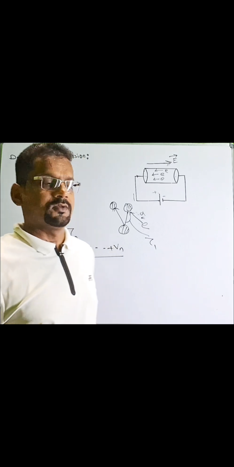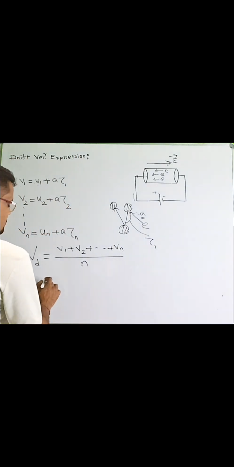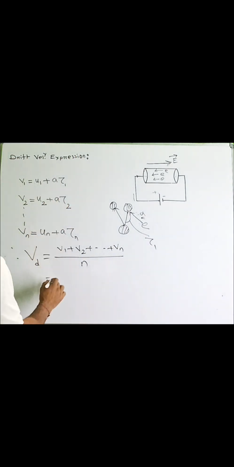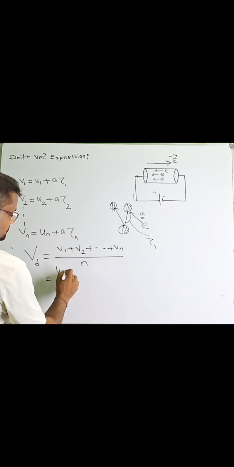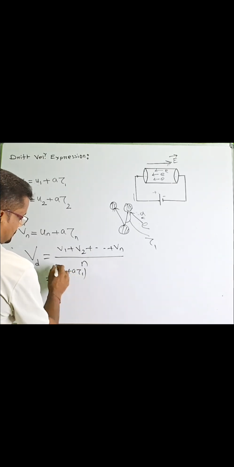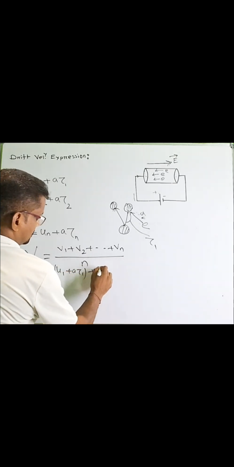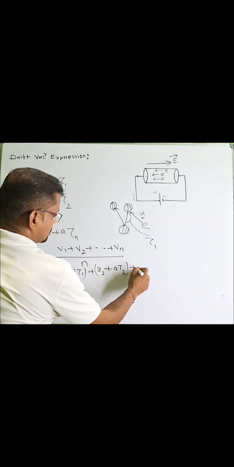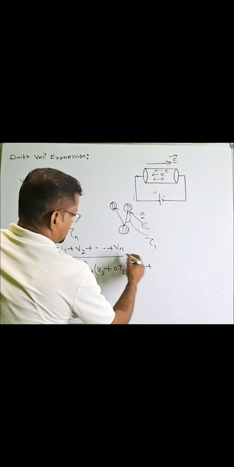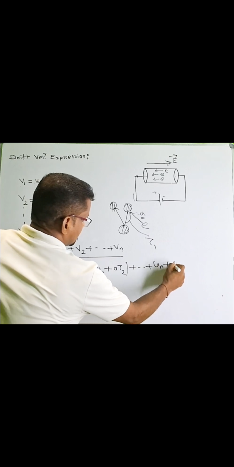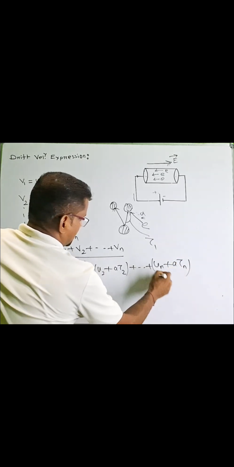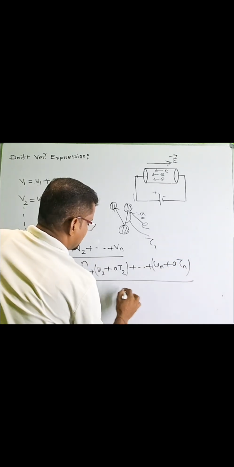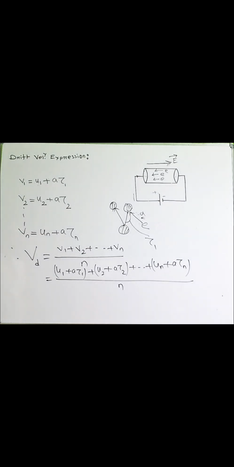Then v1 is u1 plus a tau1, plus v2 which is u2 plus a tau2, and so on, up to un plus a tau n, the whole thing divided by n.